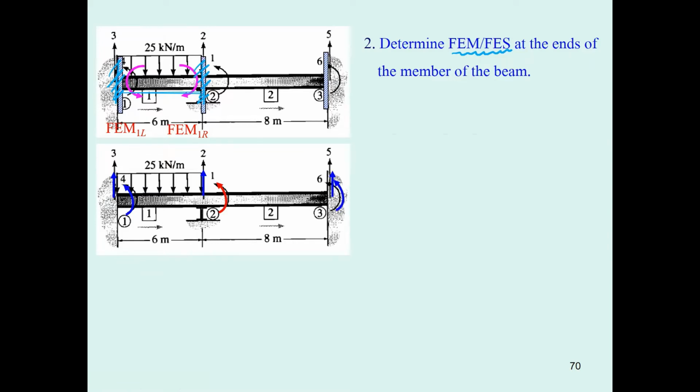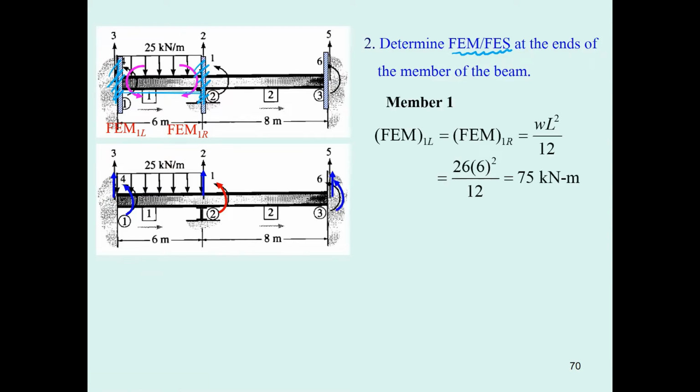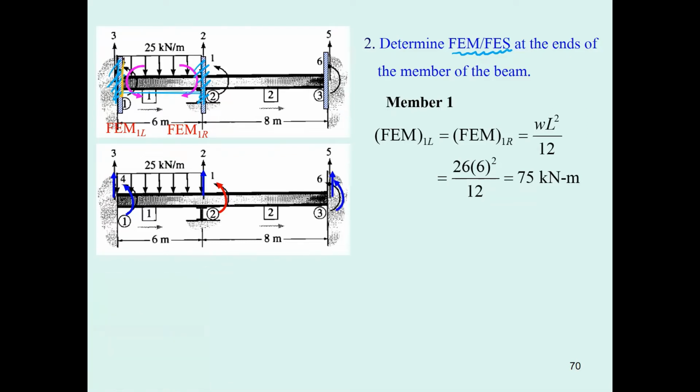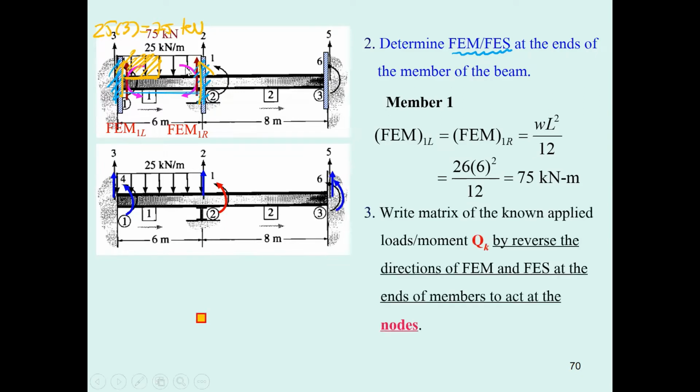With wL square over 12, you can find the fixed end moment easily. So this fixed end moment is going to be 75 and 75. And then for the fixed end shear, you just put the shear at the end, and half of the load goes to the left, and half of the load goes to the right. This is only 3 meters, so this is going to be 75 kilonewton, direction upward.